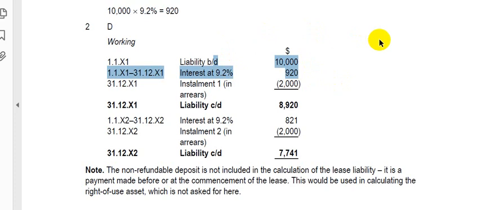To that we add the 920 finance charge, then we subtract the 2,000 installment in arrears to give us the closing balance of 8,920 as at 31st December X1.